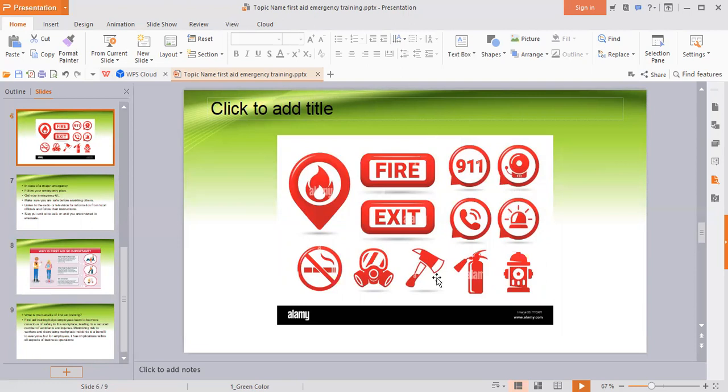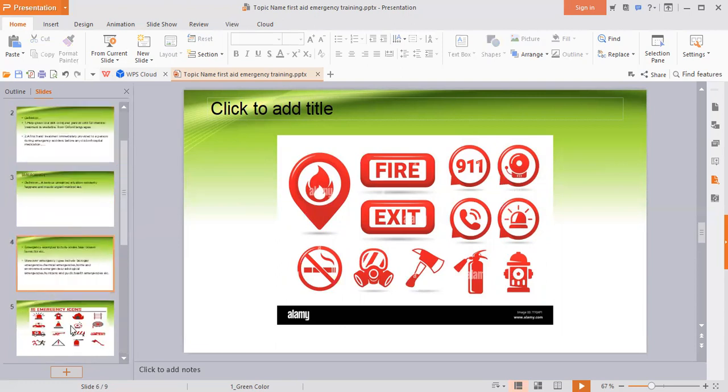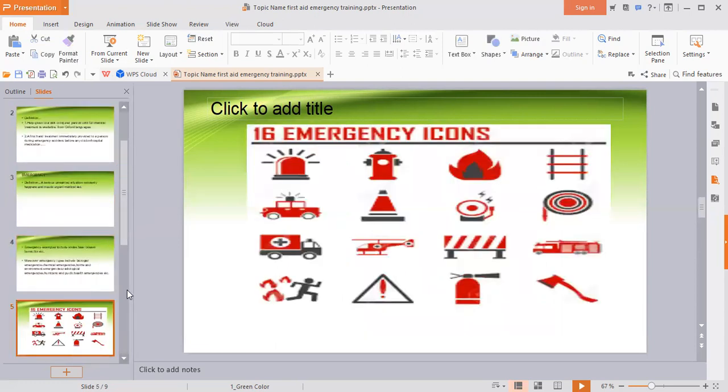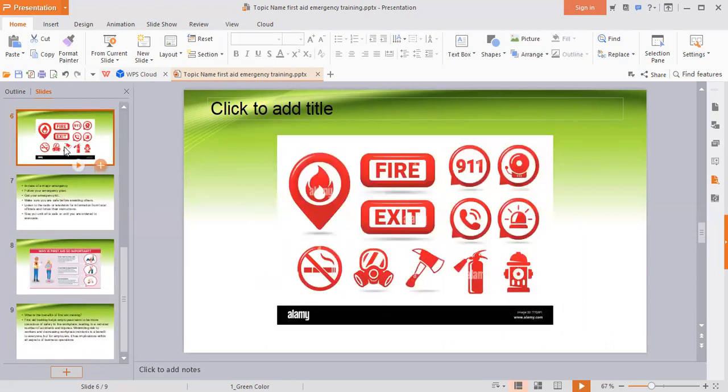There are so many icons of emergency conditions. There are some of these icons, you can see them clearly. To know about first aid training, every person should have enough awareness regarding emergency icons. For example, rescue 911, fire symbol, exit symbol.